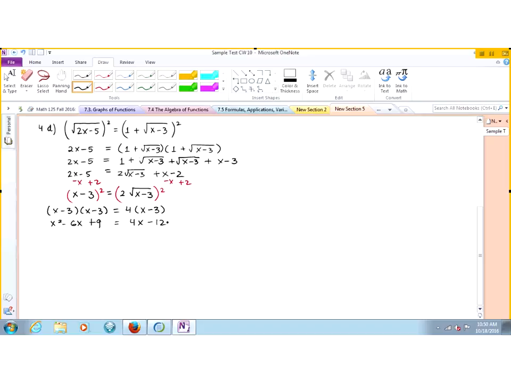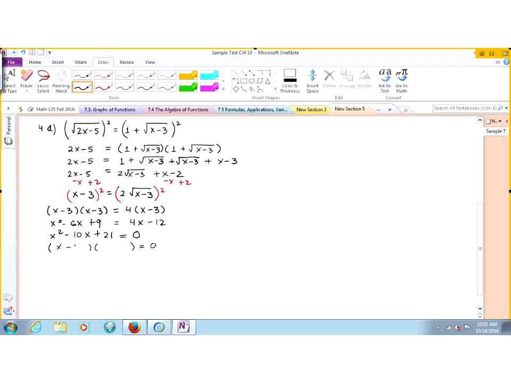Good. Now what? What do you do? Combine like terms? Yes. So x squared, this is what? Minus 10x plus 21 equals 0. That's right?